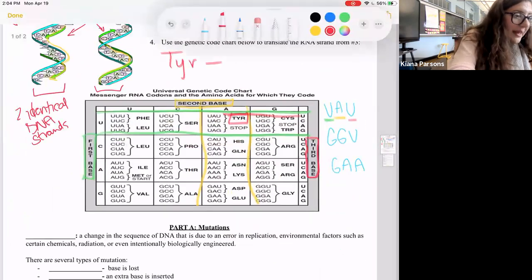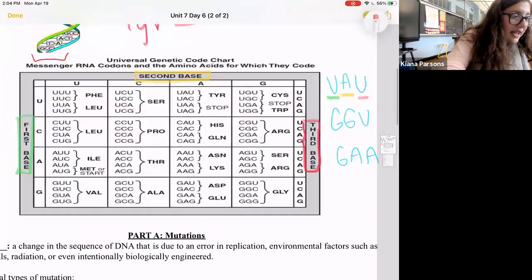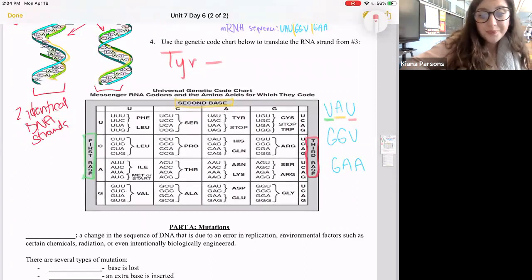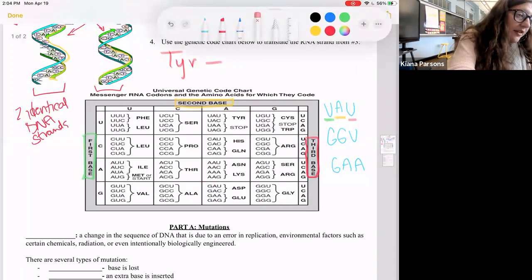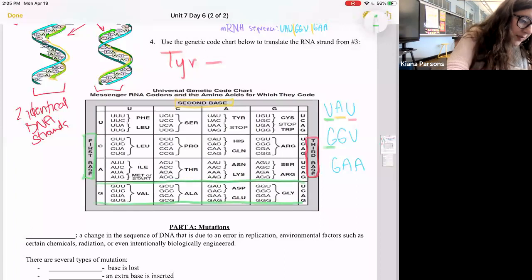So then we're just going to repeat that process. For a little extra practice, I'm going to show you myself on camera, but if you think you've got it, go ahead and pause this video and then see if you're right. But we're going to go ahead and take the first base, G. So we're in this bottom row.